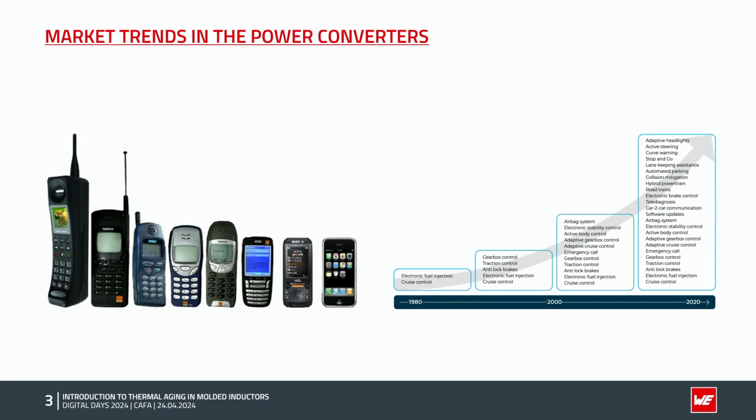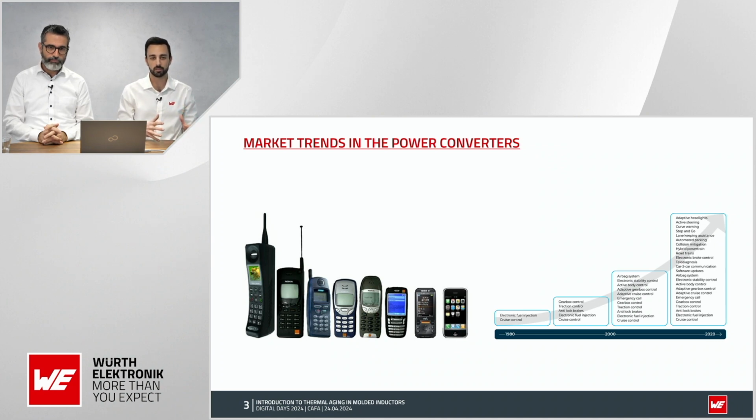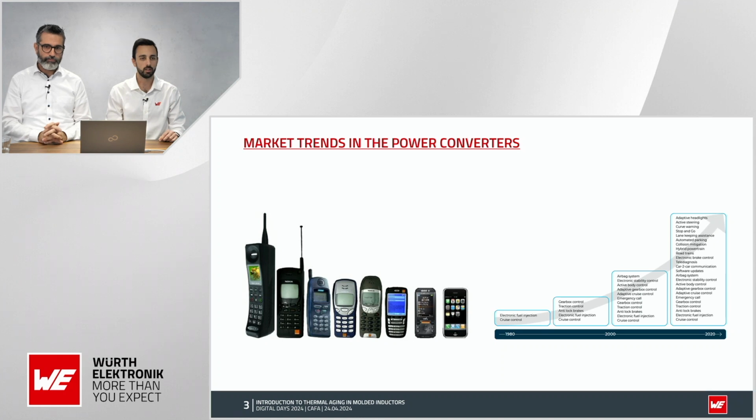At the beginning we had very big devices with very limited functions that were only able to make and receive calls, with a very limited battery life. Over the decades, these systems evolved to being smaller, with much more battery life, much more efficient.